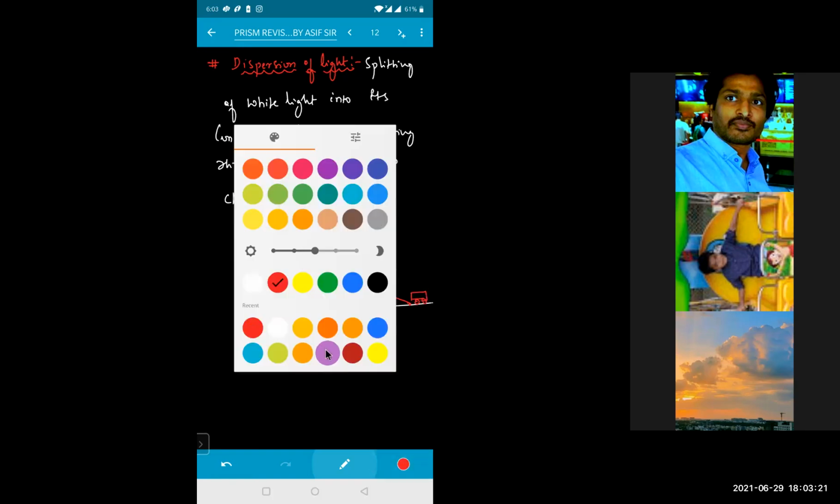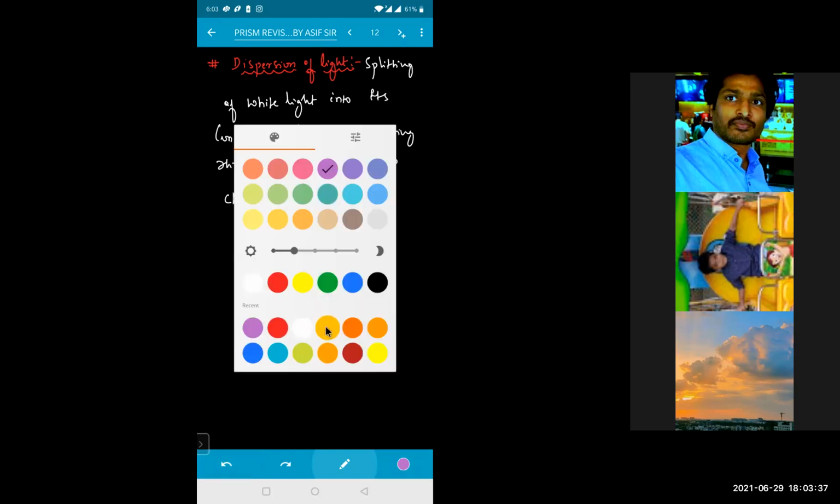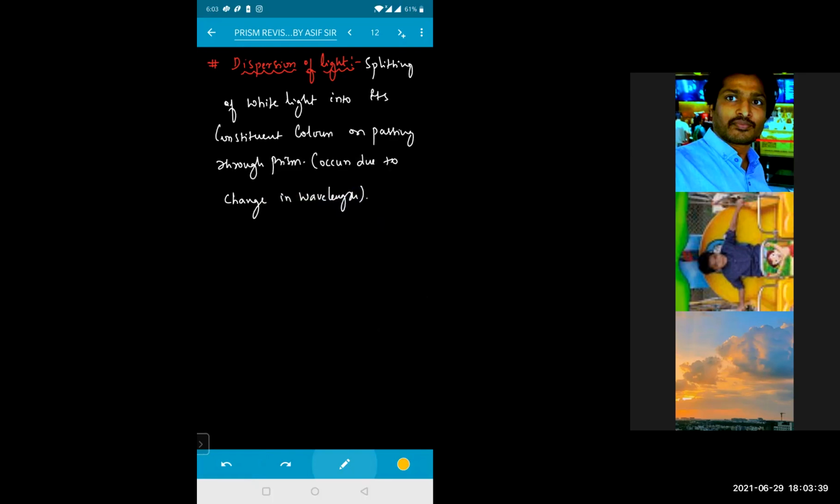Whereas the violet color deviation is more, so it falls very near; you can see it only when you come very near. Red color wavelength is high, and deviation is inversely proportional to wavelength.